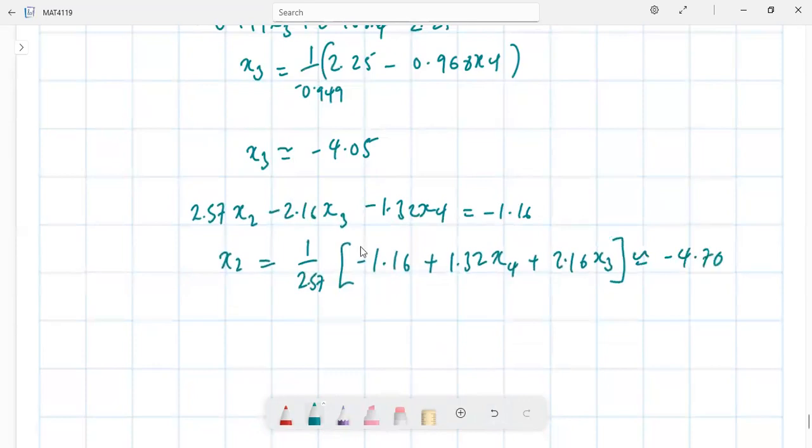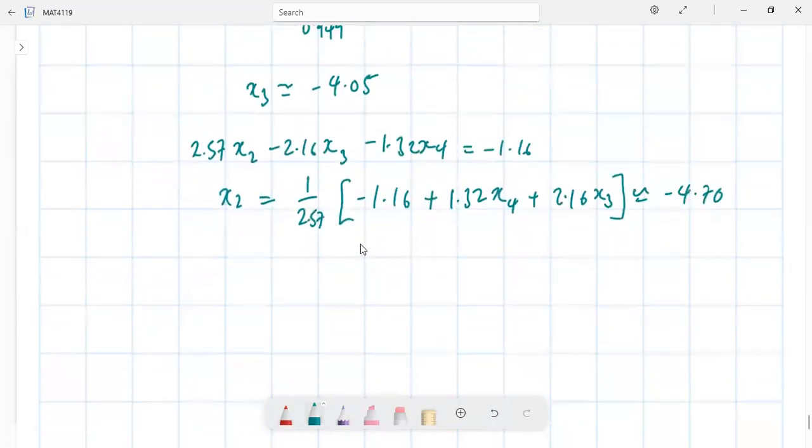Okay. Move to the last one, which is x1. So for this one I'm going to make use of the whole equation. x1 minus x2, plus x3, plus 2x4, is equal to 1.